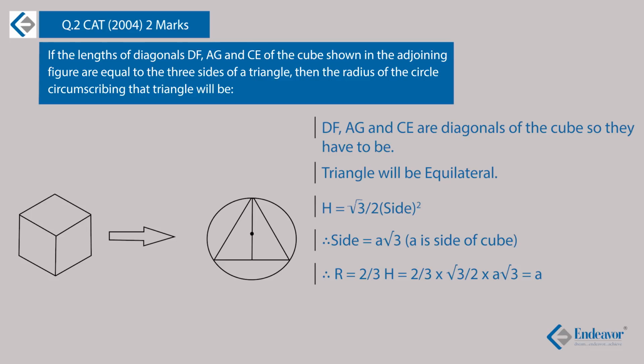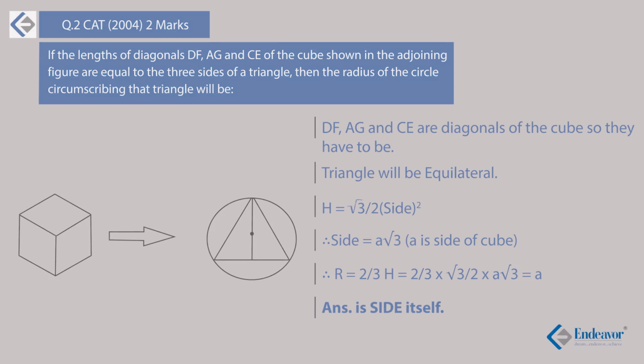And we know that the centroid divides the median in the ratio of 2:1, and thus the circumradius is 2/3 of the height. On simple solving, we get 2 by 3 times the height, which is root 3 by 2 times A root 3, and I just get the same A back again. What was A? A was the side of the cube, and therefore my answer is option 1.